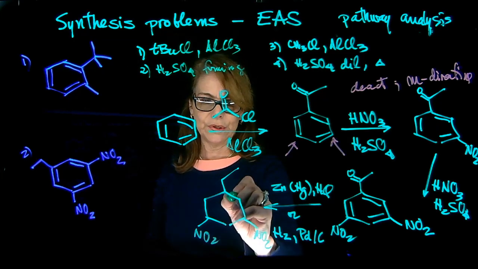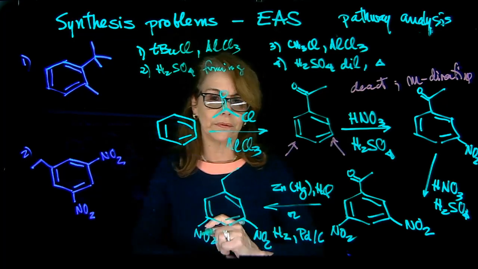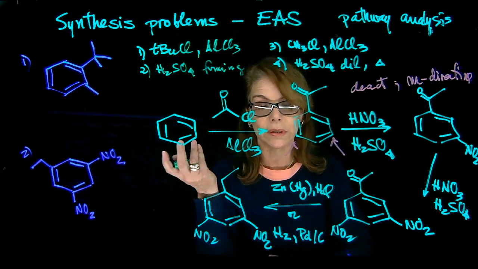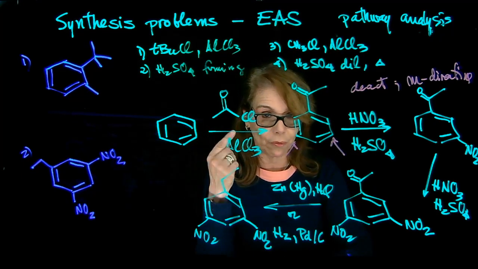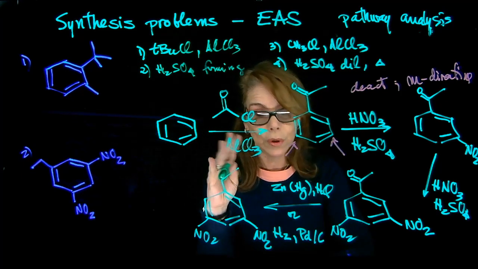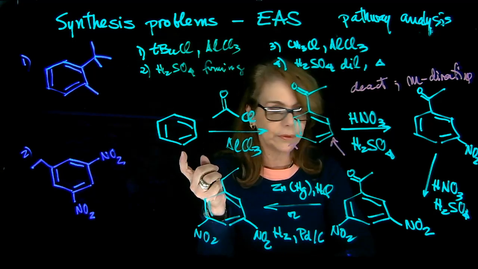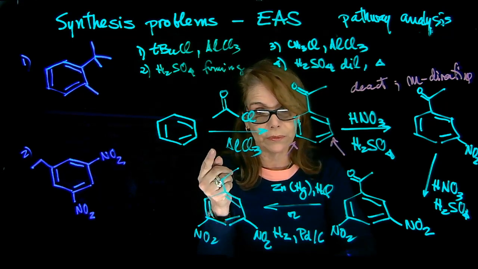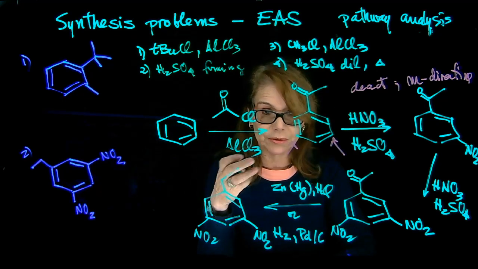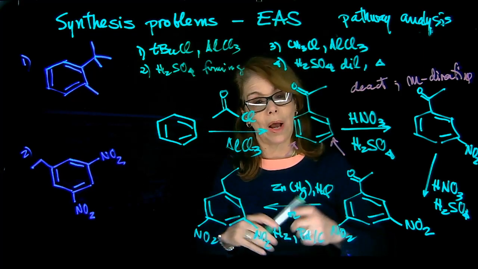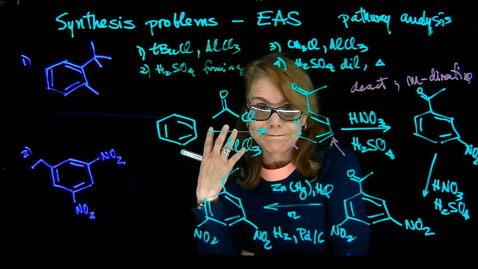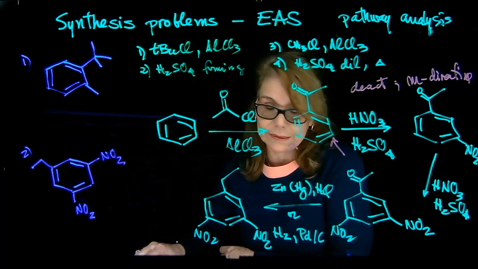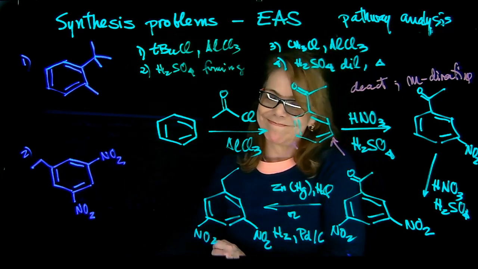So again, always do your analysis of the possible pathway, and you need to select the pathway that gives you the right orientation. And if more than one path give you the right orientation, then select the one that gives you the best yield. So more likely, less steps or more reactive intermediate products. Okay.